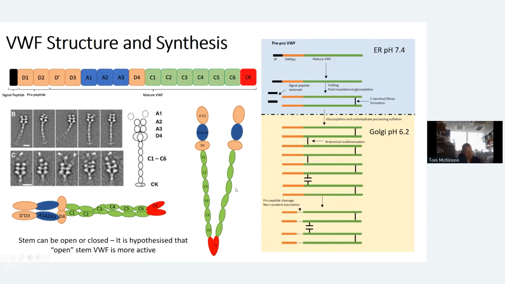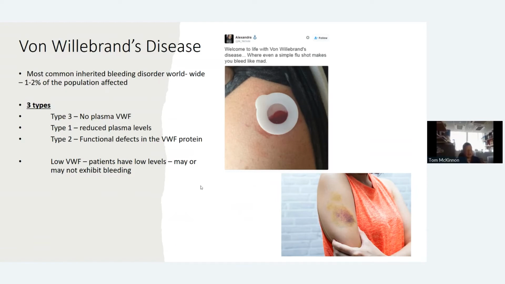And what we understand is that in every dimer, the C-terminus folds itself up into this stem structure. And we now believe that the more closed the stem is, the less responsive the molecule is to shear forces, i.e. it follows that the more open the stem is, the more responsive the protein is to shear force.